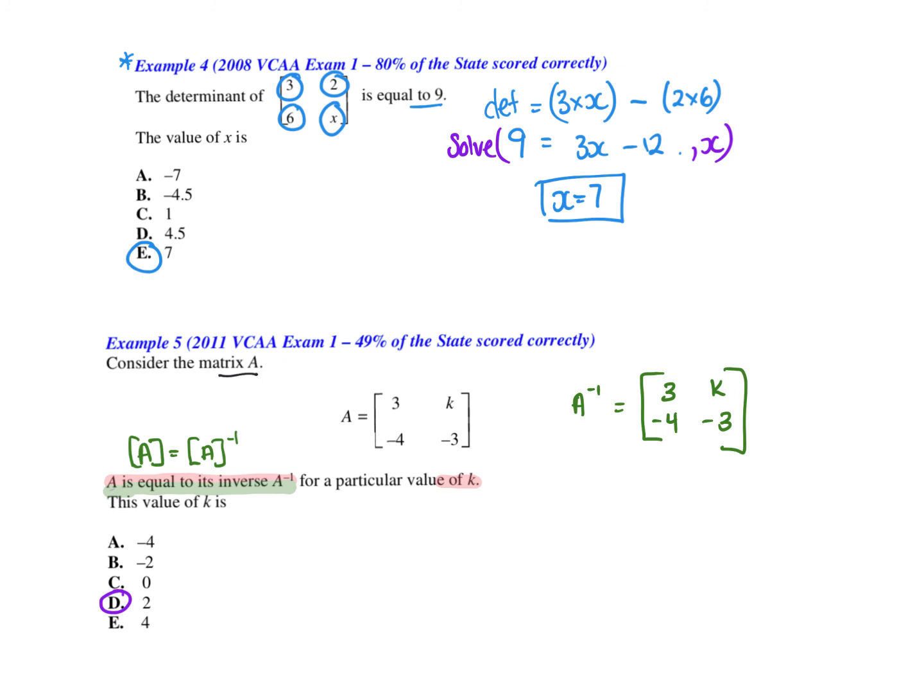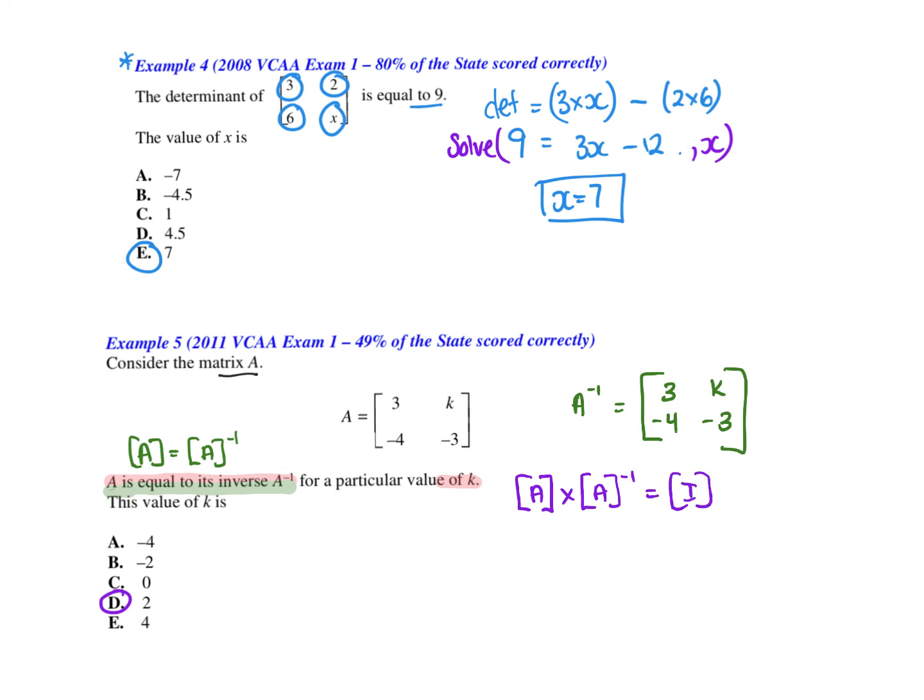Now, what do we know about a matrix and its inverse? We know from earlier on, if we times our matrix by its inverse, we get the identity matrix.